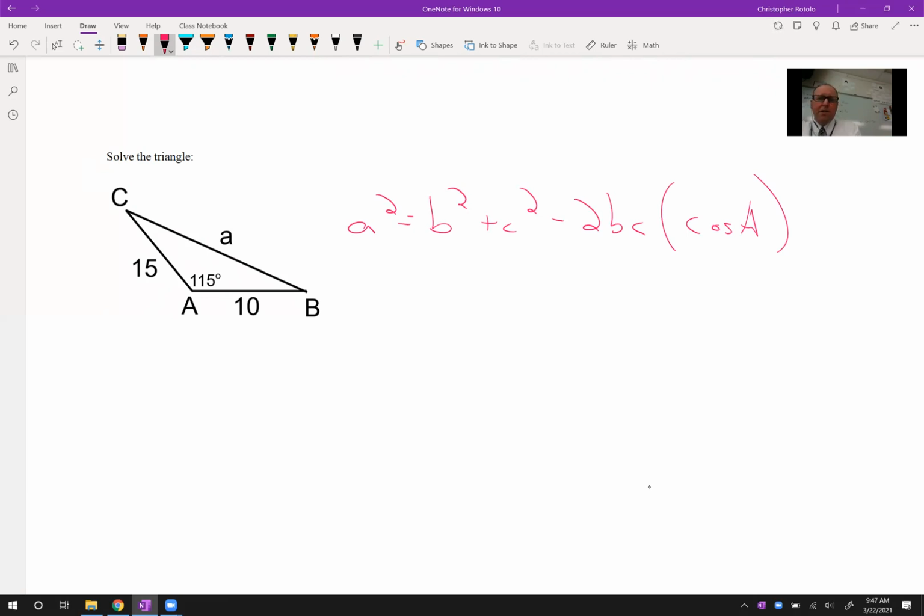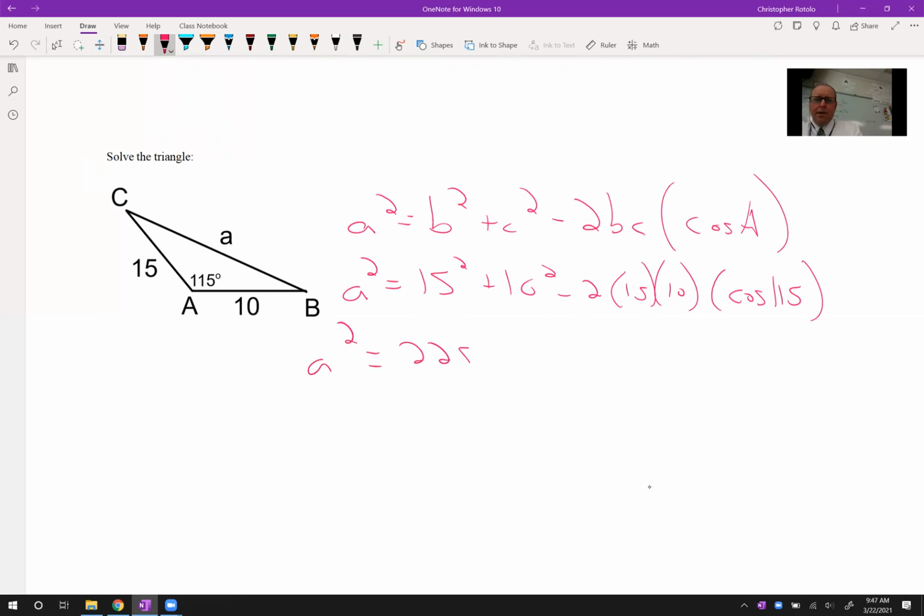Now let's fill in everything that we know. Luckily I know everything except for a squared. So this is going to be a lot of calculator work. So a squared is 15 squared plus 10 squared minus 2 times 15 times 10, and we're talking about the cosine of 115 degrees. All right, so again, we got to make sure we're in degrees. Let's fill some things in here.